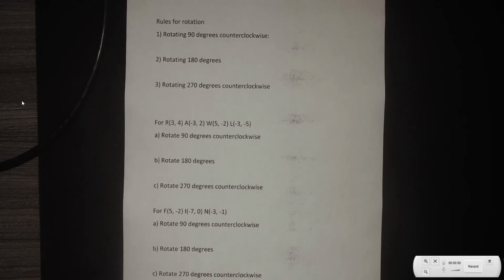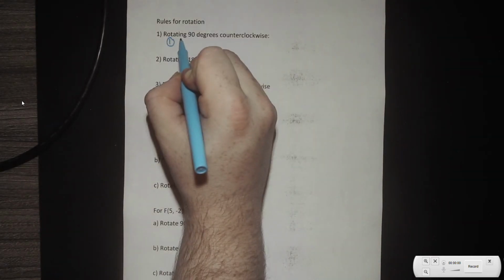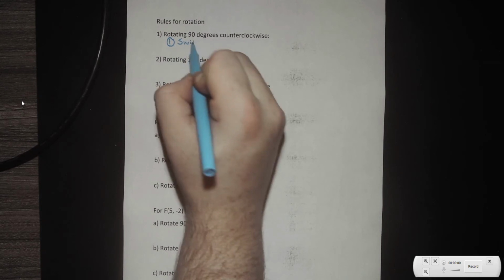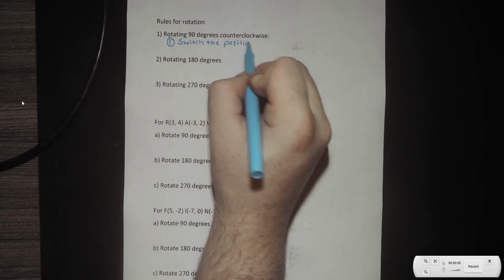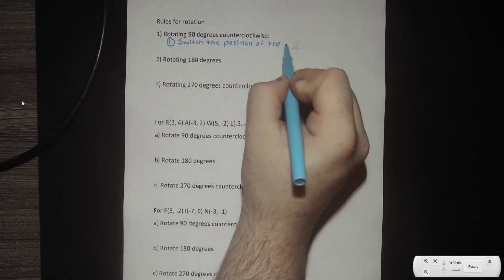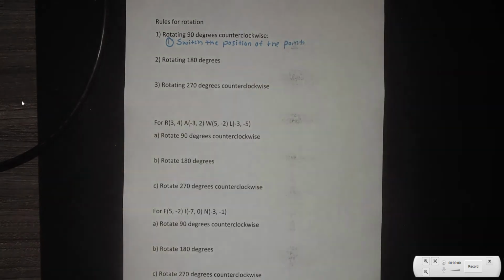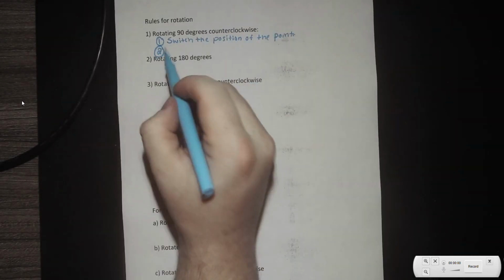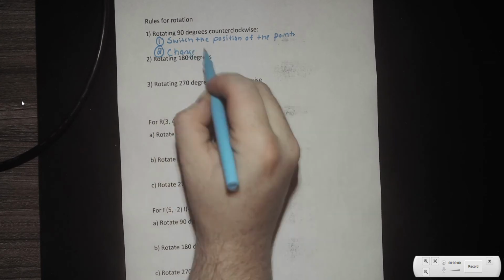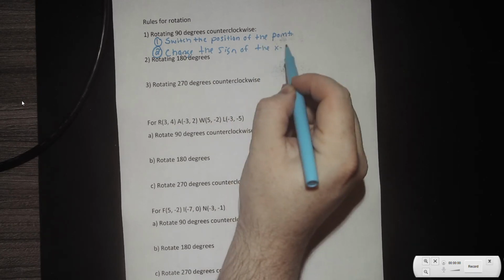So the very first thing we're going to do for rotating 90 degrees is switch the positions of the points. Then we're going to change the sign of the x coordinate.